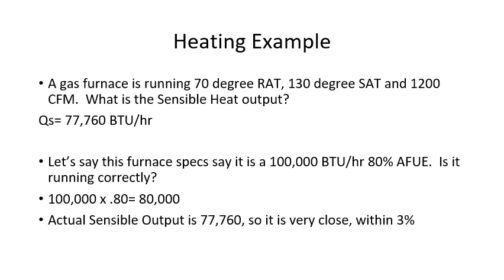Well, it's very easy to calculate what the output should be on that furnace. We take our input, 100,000, times our percent efficiency, which is 80% or 0.8, and we arrive at 80,000 BTUs. Now, from our sensible heat formula, we said that the furnace is actually performing at 77,760. So it's very close, within 3%.